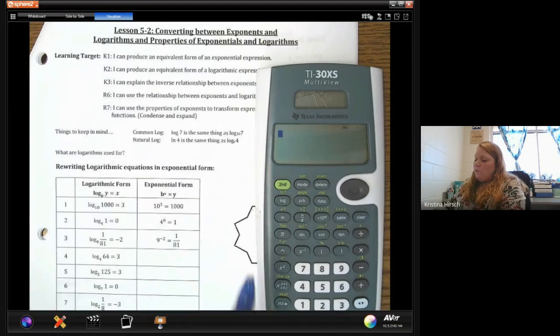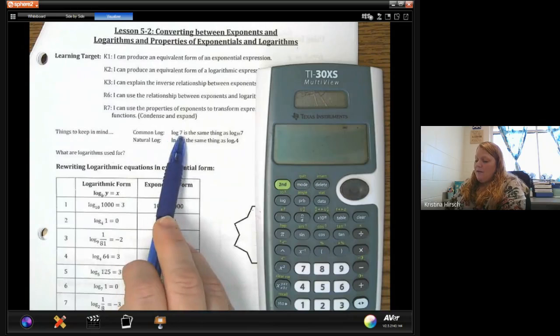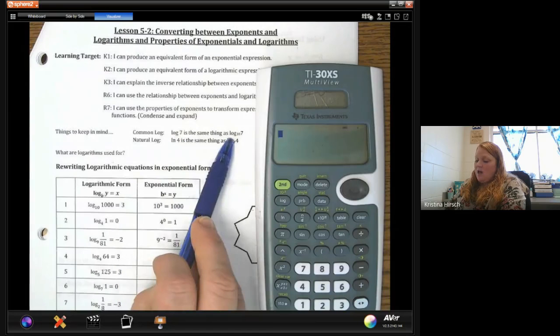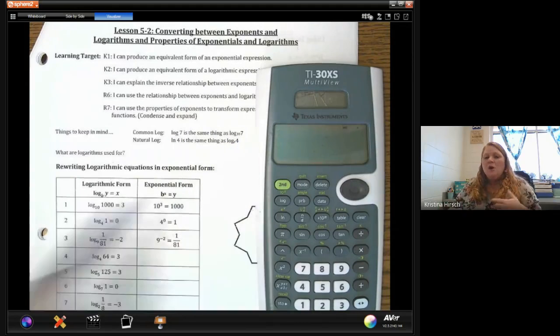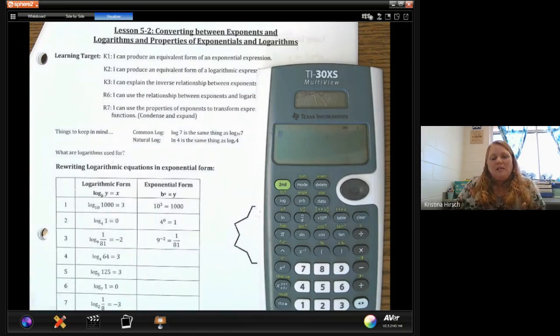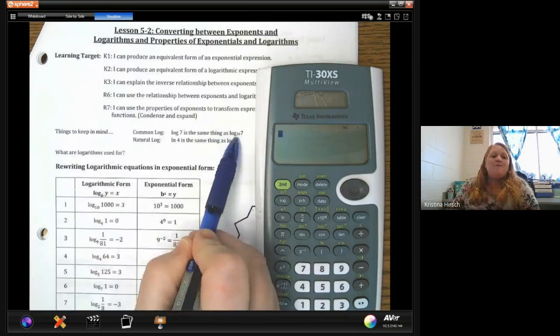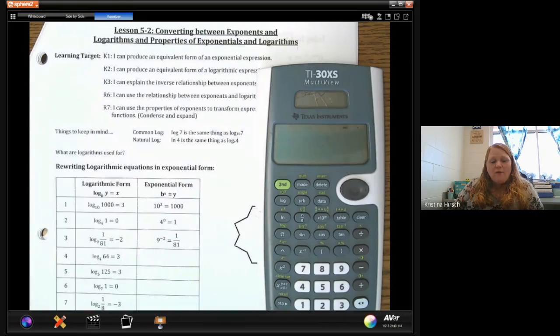Now, when you read this, log 7, that's the same thing as log base 10 of 7. So the most common type of logarithm that we typically deal with has a base 10. And base, remember, is the lower, the bottom number. So this is a base 10. That's the most common one that you'll ever encounter.